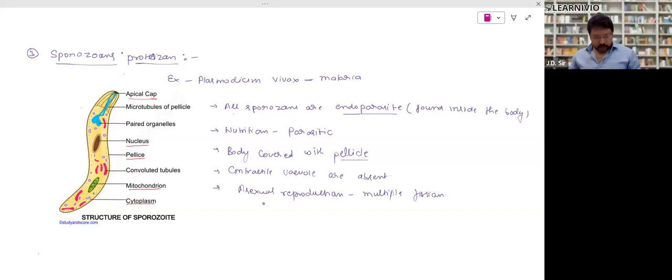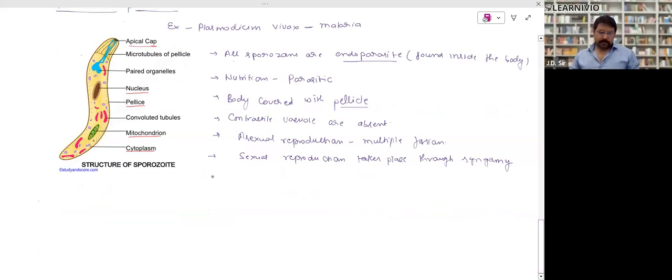Sexual reproduction takes place through syngamy, right? So that takes place through syngamy, right?